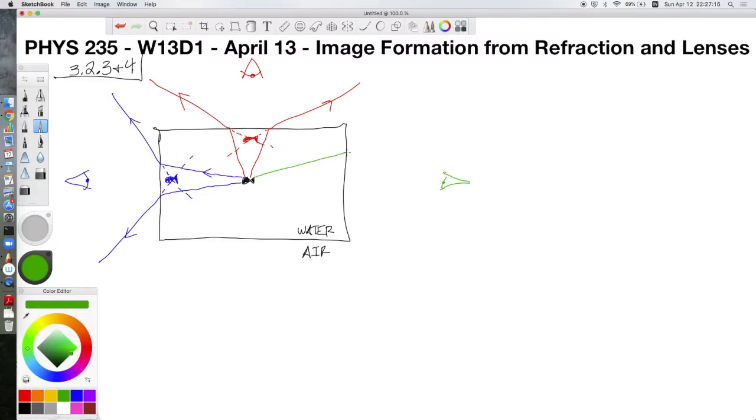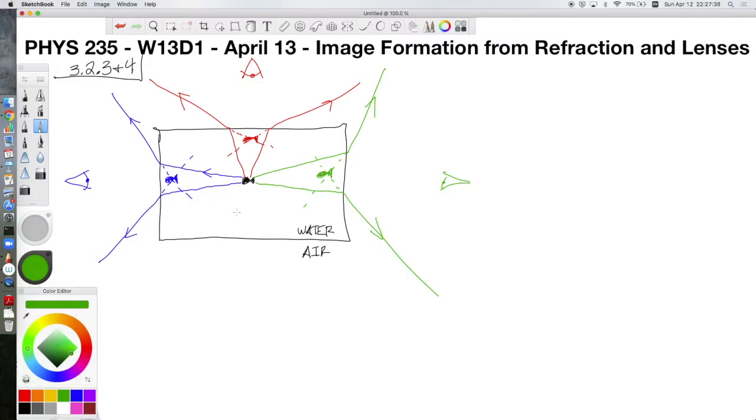Same process, we draw any light rays we can that pass through that surface of the fish tank, and then we can trace those light rays back to determine where it seems like they came from, and that will be where the image of the fish seems to be located.